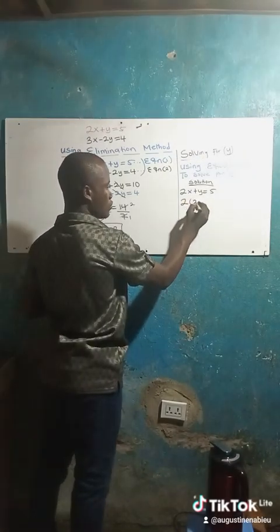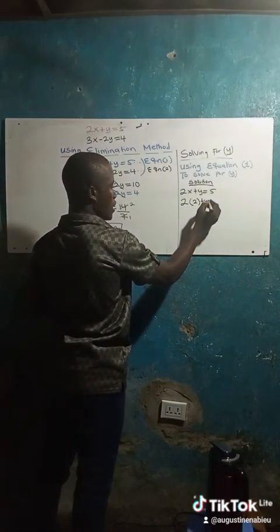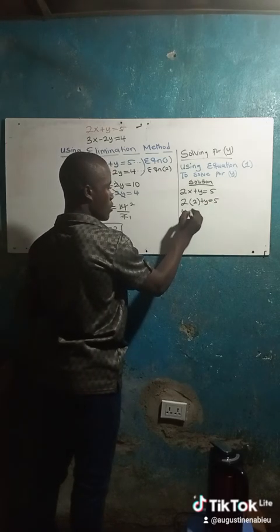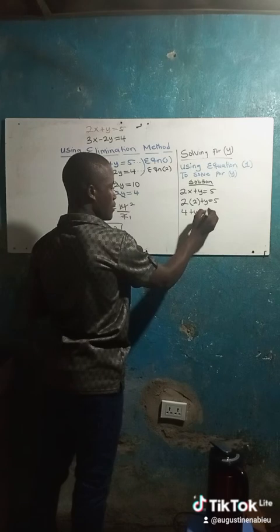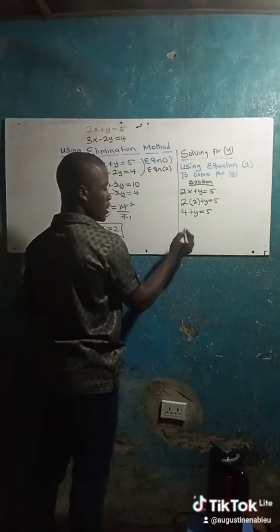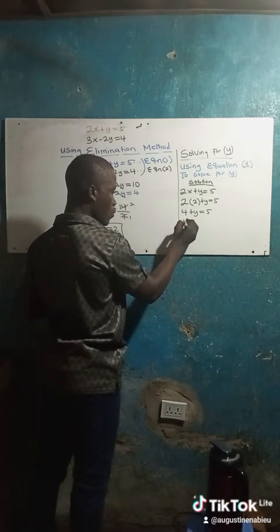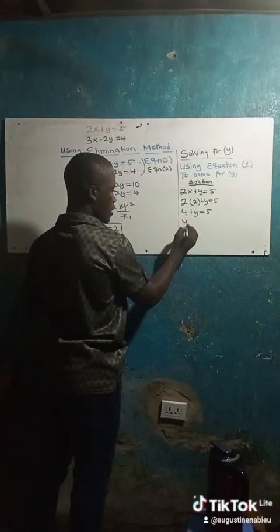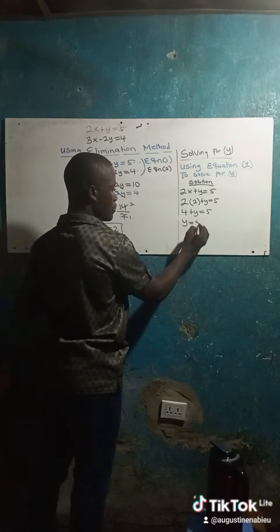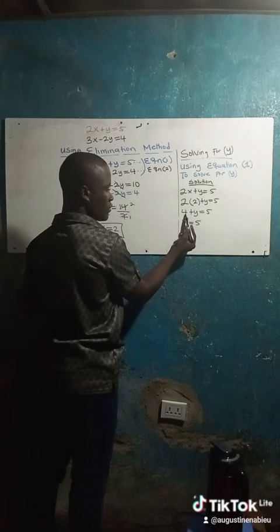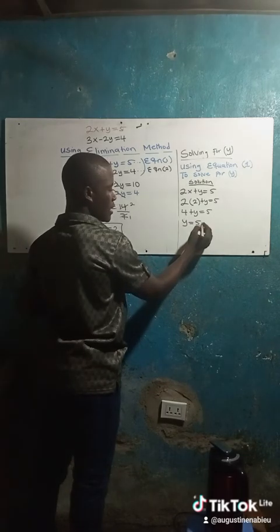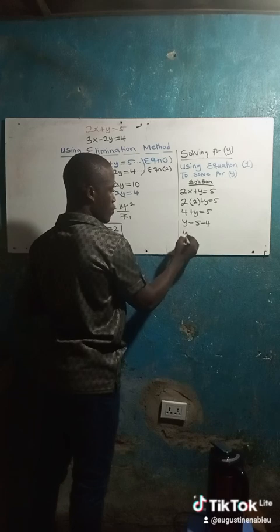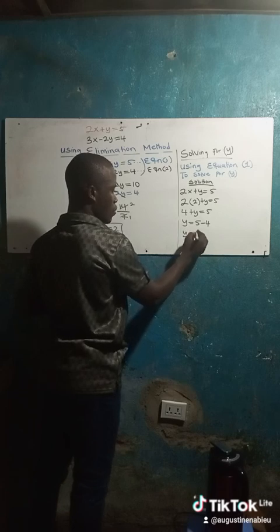So I'm going to say 2 times 2 plus y is equal to 5. 2 times 2 is 4, plus y is equal to 5. So y is equal to 5 minus 4. This is positive 4; when you go across, it becomes negative 4. So therefore y is equal to 1.